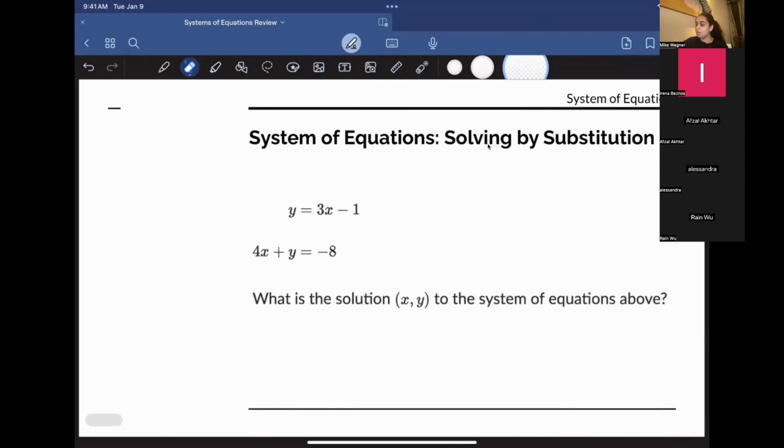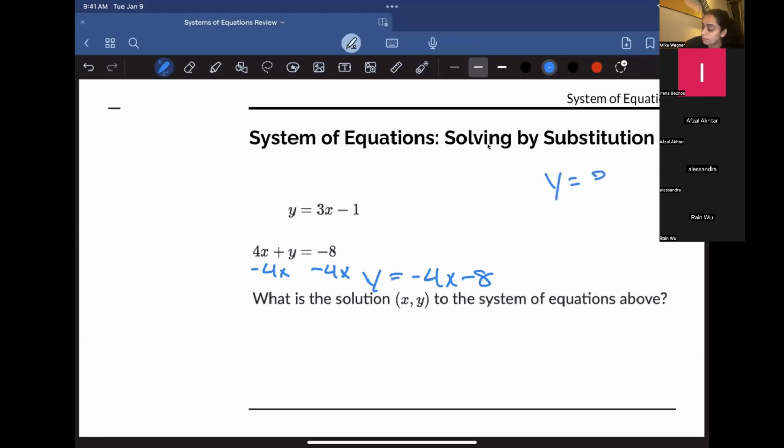So I'm gonna fly by some of these since they're mostly review, and then we can save time for practice questions at the end. But just so everybody knows, we can do minus 4x, rewrite it as y equals negative 4x minus 8. Then we get y equals 3x minus 1, y equals negative 4x minus 8.